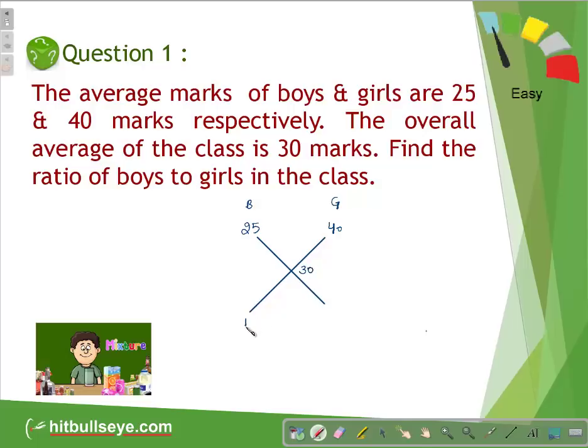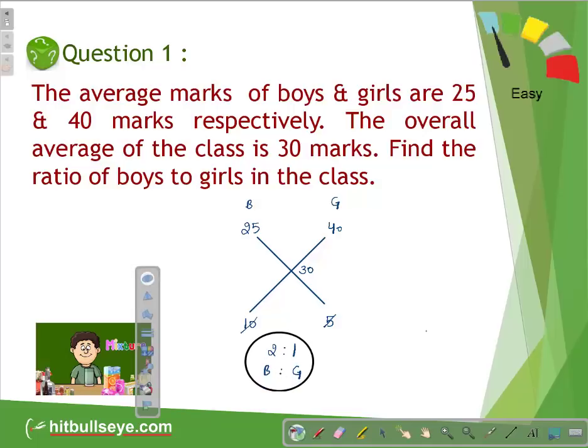So you take the difference, 10, 5, and then you take the ratio. The ratio happens to be 2:1. So this means the ratio of boys to girls in this class is 2:1. Right, students? Now let's move on to the next question.